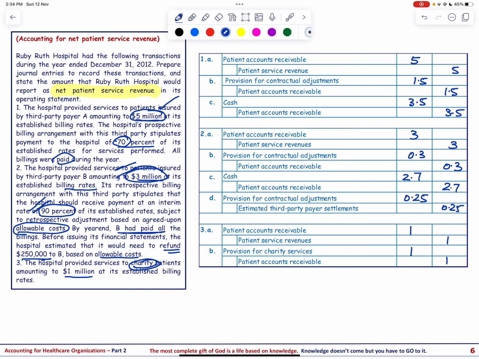So that is how we are going to record the journal entries, and let us see how we are going to determine the net patient service revenue.